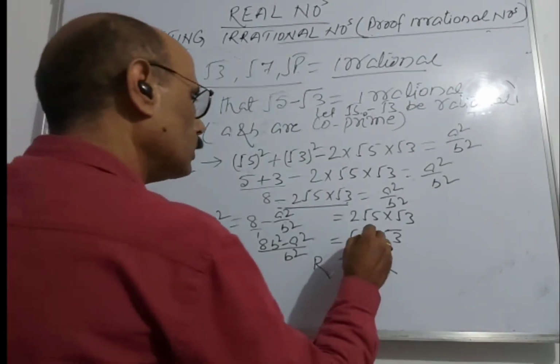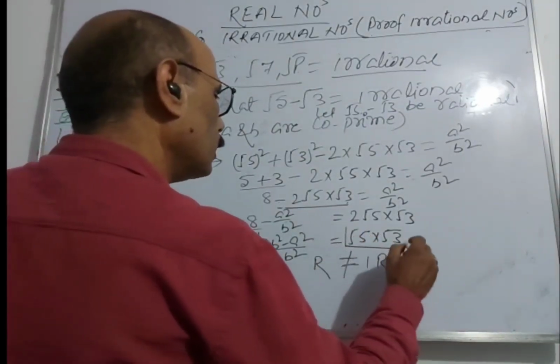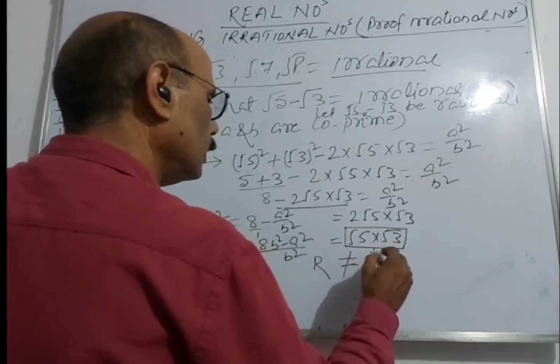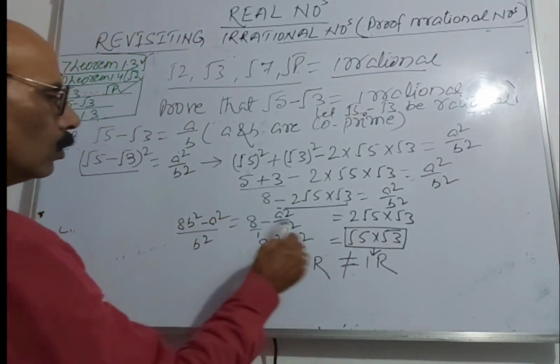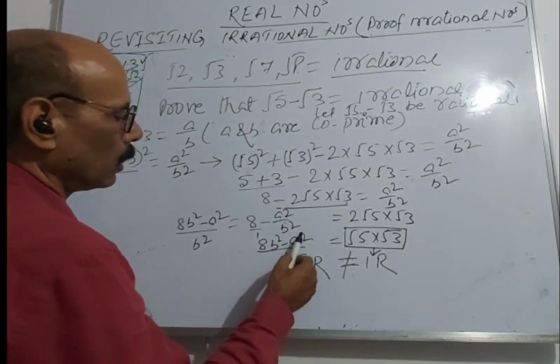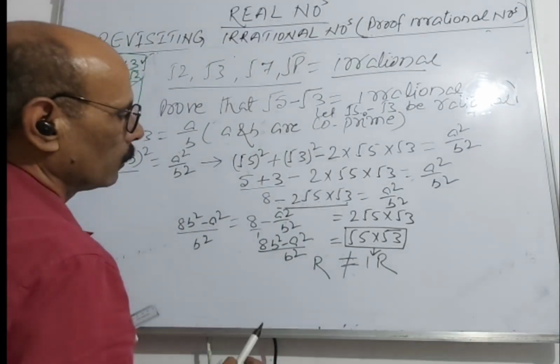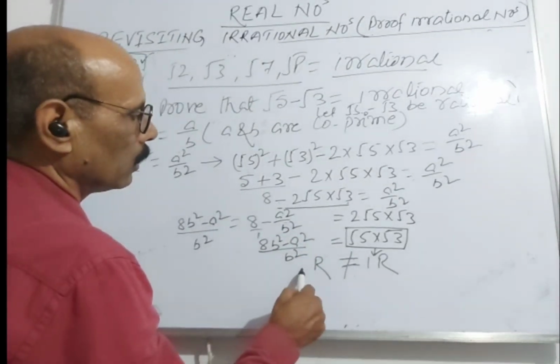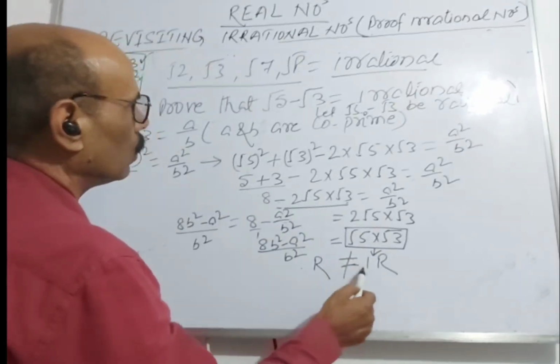So here, if on one side prime numbers under root are there, it has to be irrational. The other part has no number under root, so it is rational. And this equation is not correct.